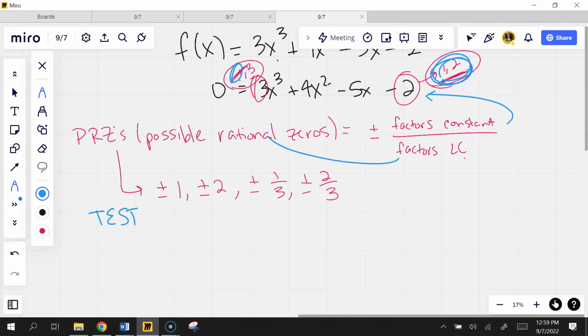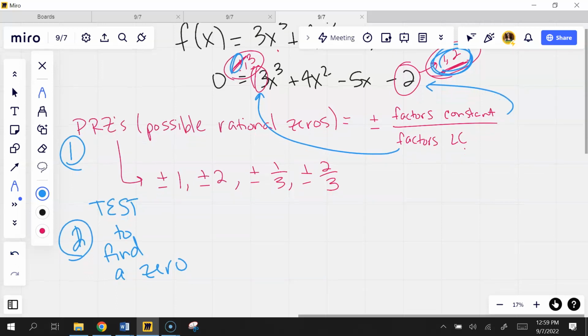And then divided by factors of the leading coefficient. Actually, I should say PRZs are first, then test to find a 0. How am I going to test? I'm going to test by synthetically dividing. Because where I get a remainder of 0, then I have found a good one at that point.